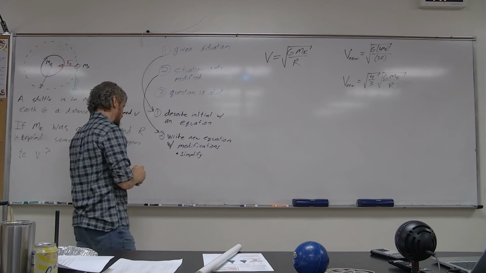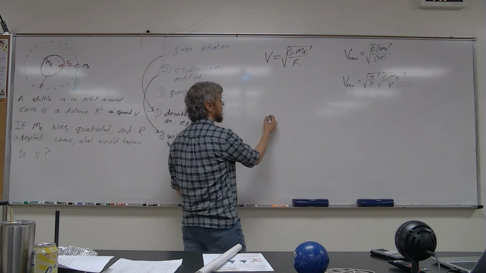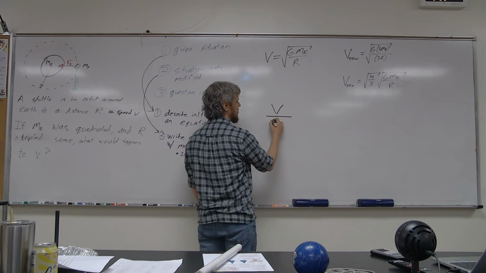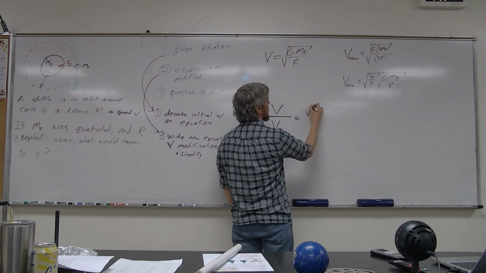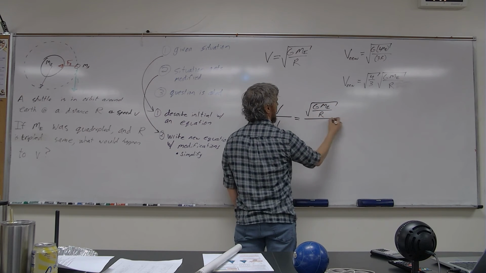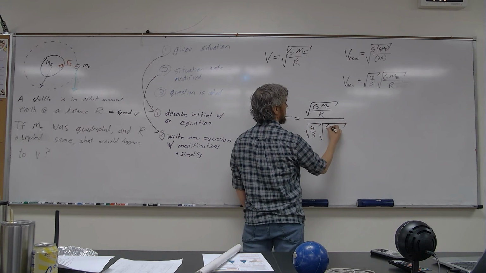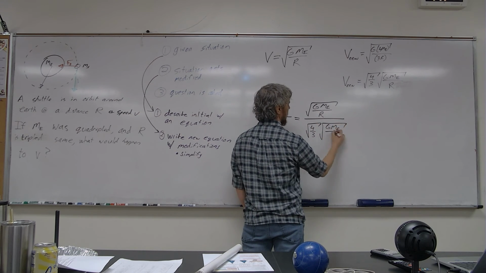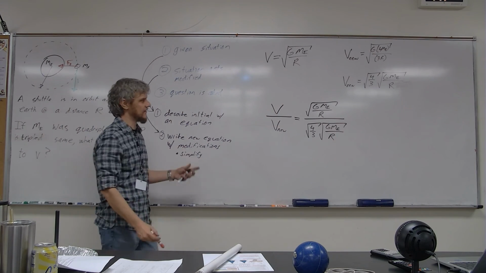And then just compute the ratio of these speeds. Because when I do that, if I take the ratio of the old speed to the new speed, I have in the numerator the square root of big G mass Earth over R divided by the square root of 4 thirds times the square root of big G Me divided by R, which looks gross.